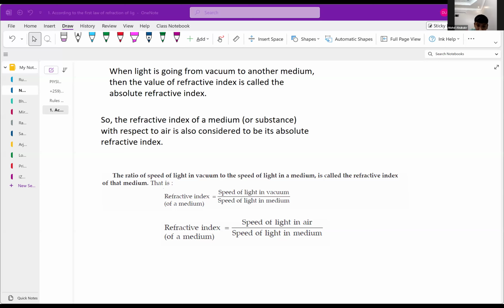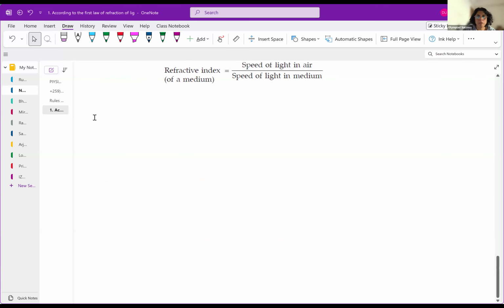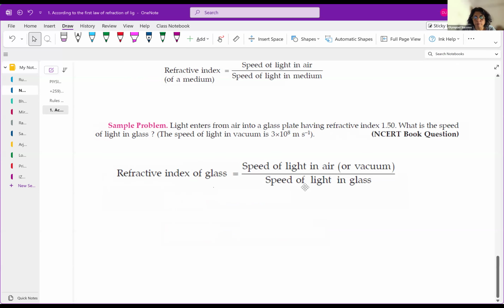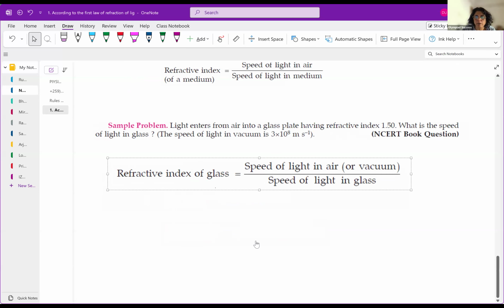Done, ma'am. Done. One question. Light enters from air into a glass plate having refractive index 1.5. What is the speed of light in glass? Okay. So we know that refractive index is nothing but the speed of light in air or vacuum divided by the speed of light in glass. Very, very simple if you know the formula. Now do it yourself. I think you can do it.